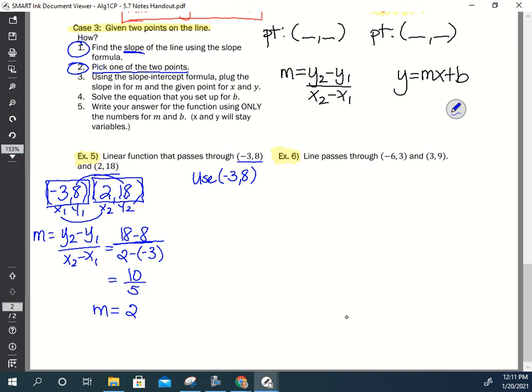So I'm going to use negative 3, 8. We know the slope. That means that m is equal to 2, x is equal to negative 3, and y is equal to 8.